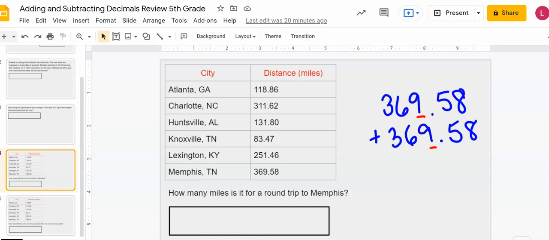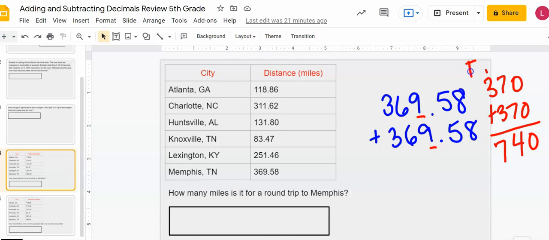So this would round to 370. If I'm adding these two together, 3, 6, 7, then that's about 740 miles. And that's my estimate. Is it going to be more than that or less than that? I know it's going to be a little bit less because I rounded up. So this is a little bit less.